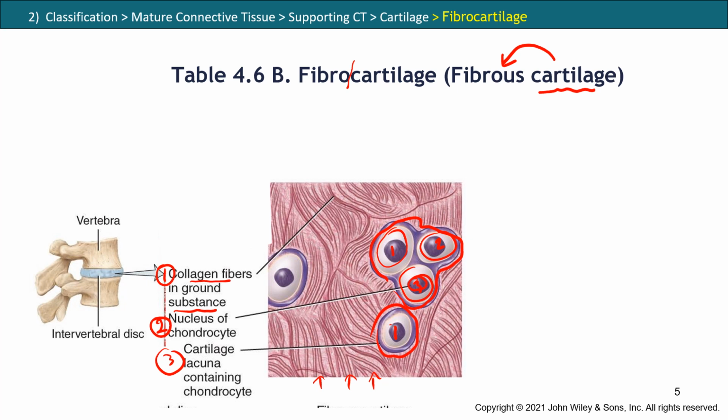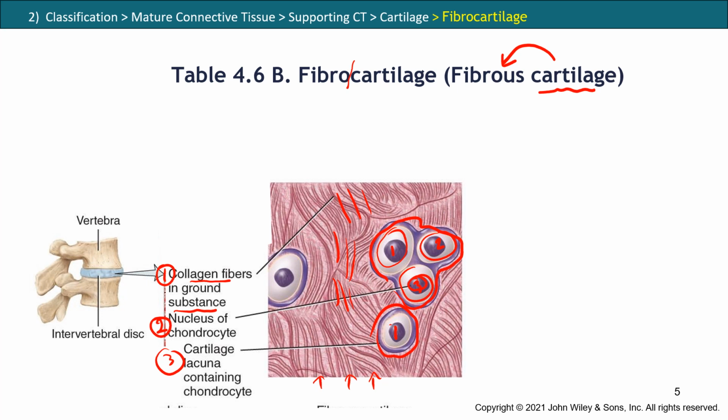And now the question that you have, okay, why do we have so much collagen? Much more collagen than the hyaline, which is extra collagen. The reason is that it needs to be a tissue that is not as strong as the bones, but it needs to have more support than the hyaline connective tissue for shock absorption.